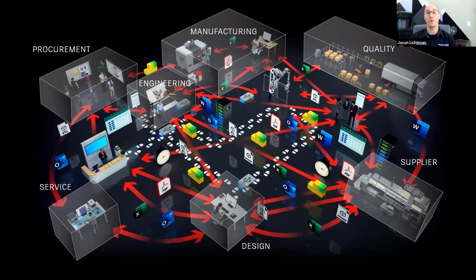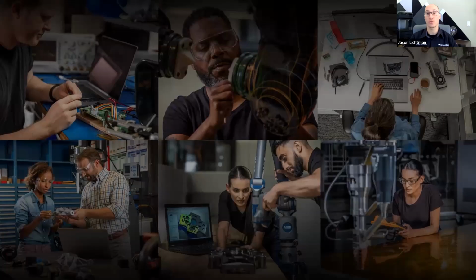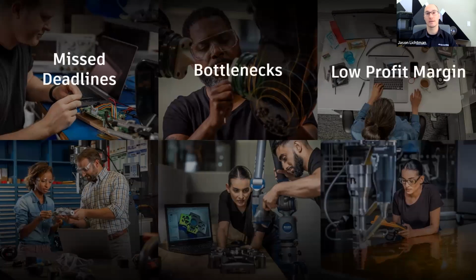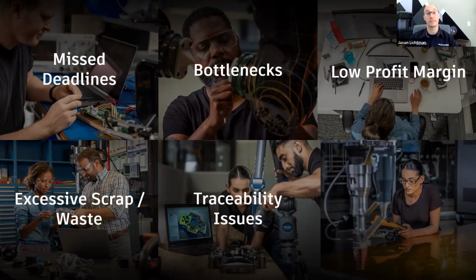Most companies aren't even aware of the layers of redundancy and the slack that they've built into their business as usual process. It's pretty unfortunate. And as a result of all of this, all sorts of more specific problems arise, like missed deadlines, bottlenecks, low profit margins, excessive scrap or waste, traceability issues, and lastly, raw material procurement and raw material sourcing, something that has become especially important in the last several years.